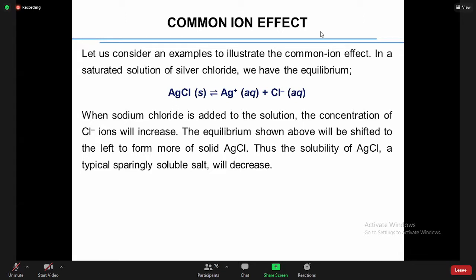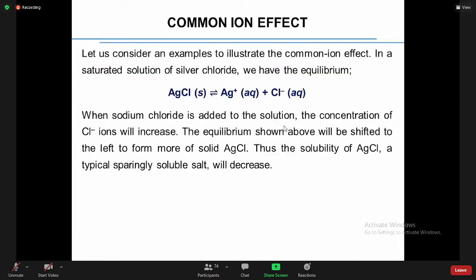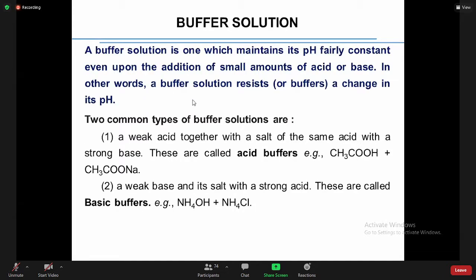There is another example. Due to the presence of any ion, this kind of salt will dissociate less; the dissociation will be decreased.